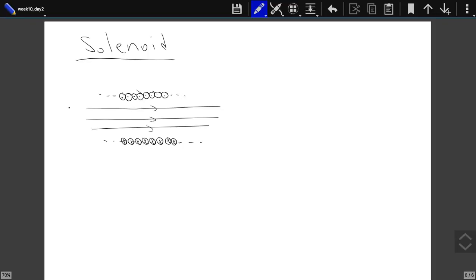Now to calculate these B field lines at an arbitrary point in this region, we will not be doing those integrals, but we can make this observation. We have the curl of B equal to 4π/c times J. Or we can write it as an integral.